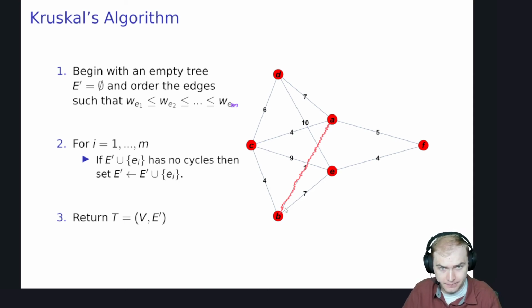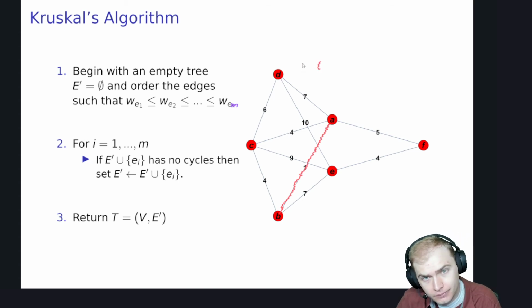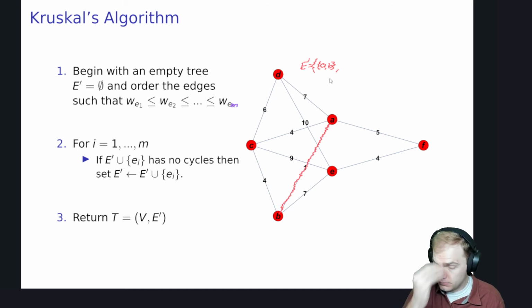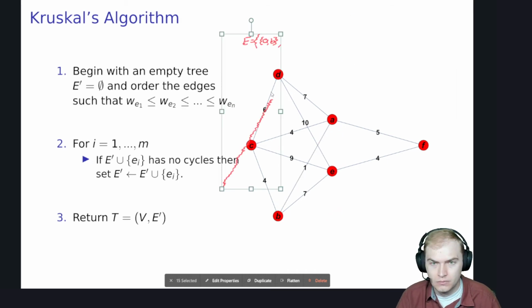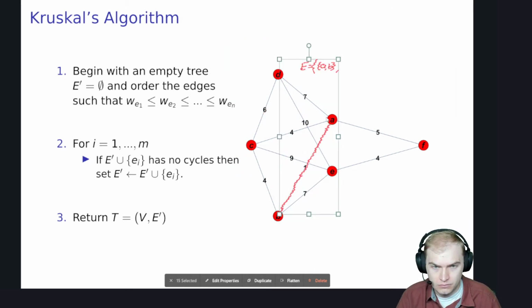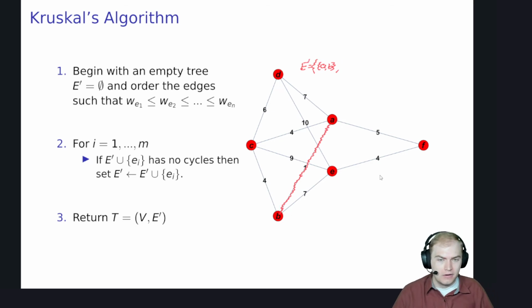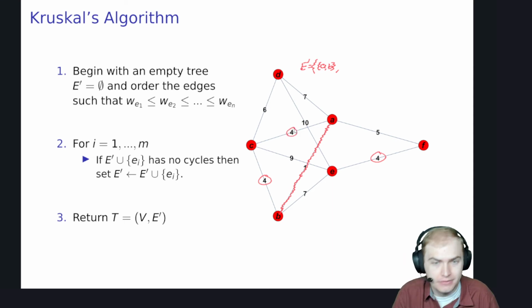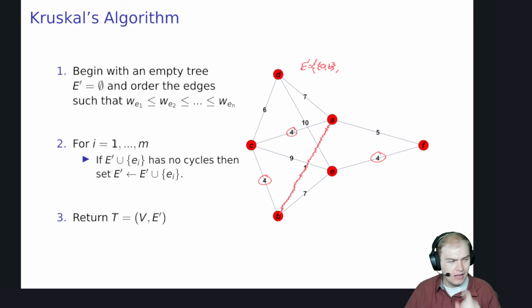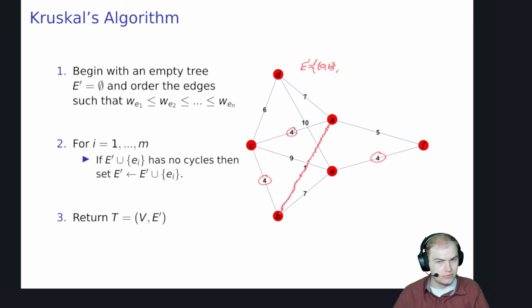So we add A to B. Then the next smallest weight edges are any of these three, and adding any one of these three will not create a cycle just yet.